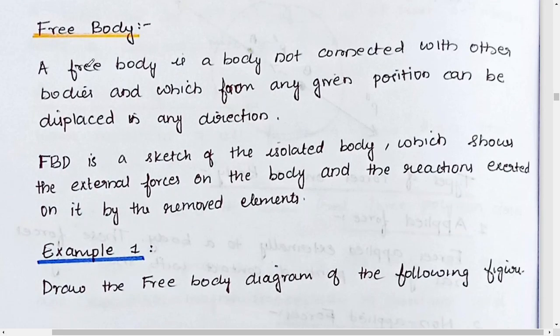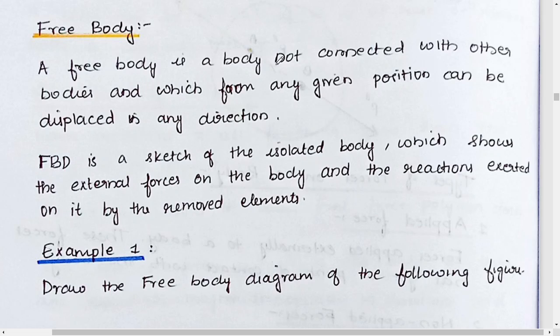Then we have the free body. Free body is a very important concept. We'll be doing some examples of free body. If we have a solid understanding of free body, only then we'll be able to do the problems in other cases, because there will be a lot of problems coming our way. So what is a free body?